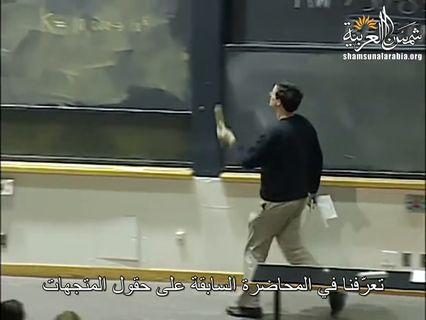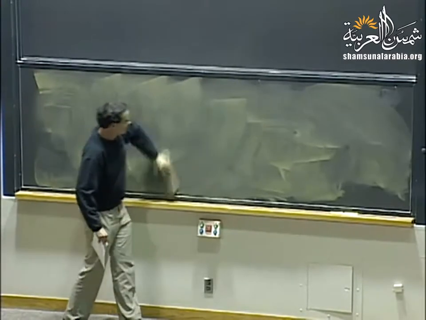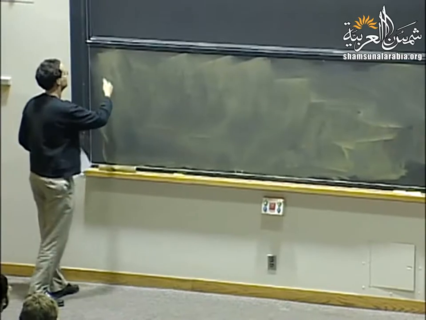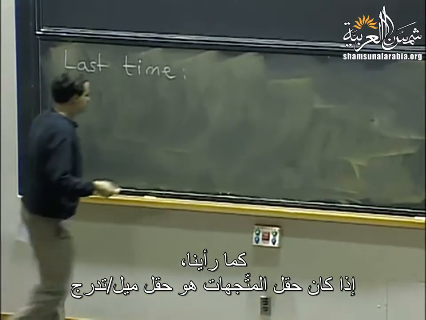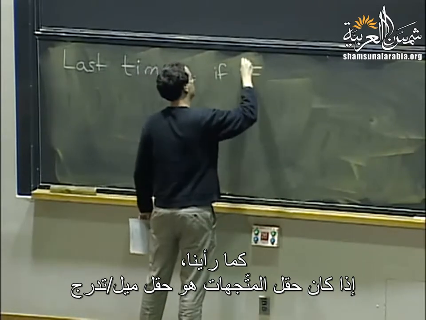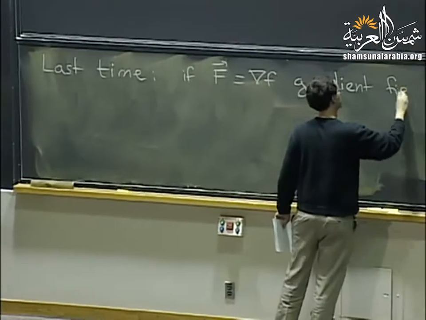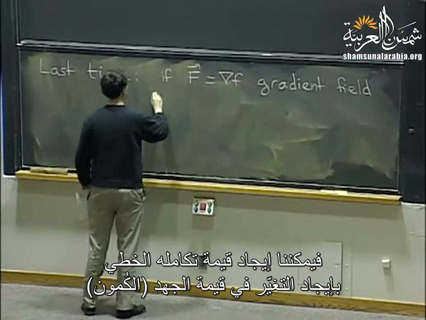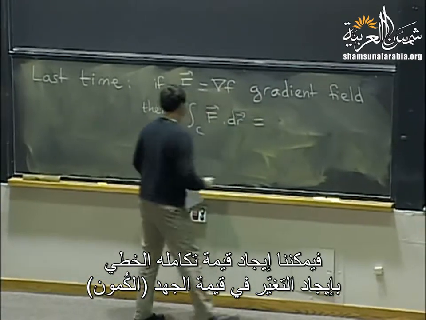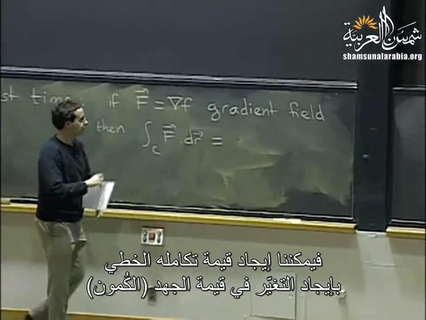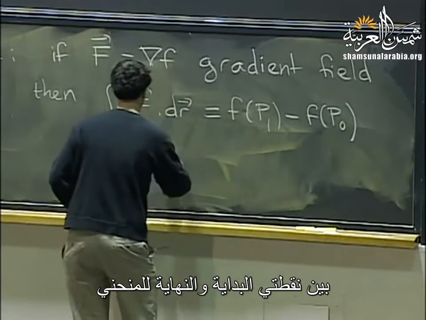Okay, so we were looking at vector fields, and last time we saw that if a vector field happens to be a gradient field, then the line integral can be computed by taking the change in value of a potential between the endpoint and the starting point of the curve.